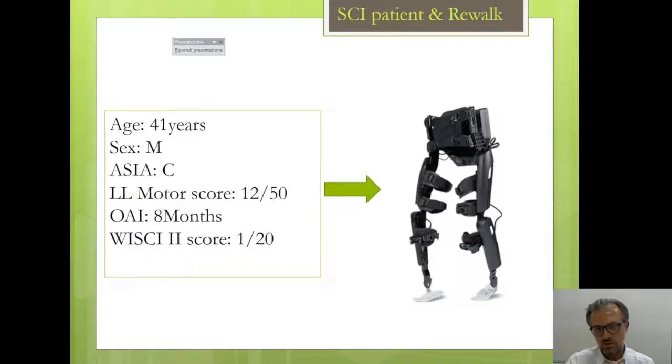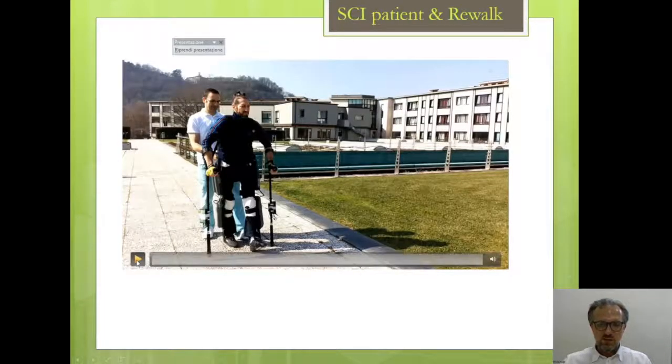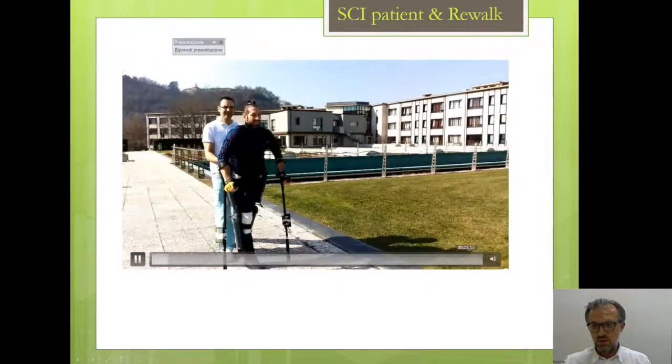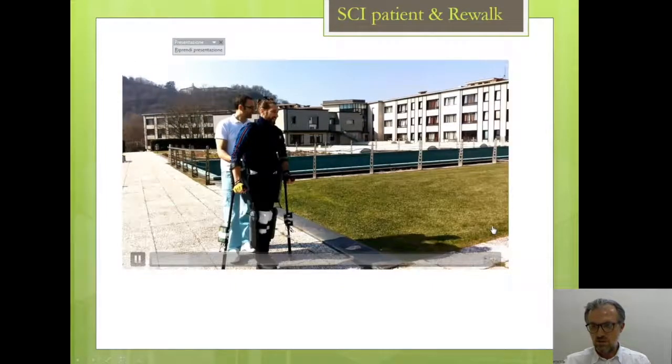The ASIA score is C, and the lower limb motor score is 12 out of 50, with 8 months of history since his injury. The WISCI-2 score is 1 out of 20. Unfortunately, he doesn't have any minimal ability to walk even with KAFO, just to make some standing. We are actually using this technology not only inside the gym, but even outside our hospital.